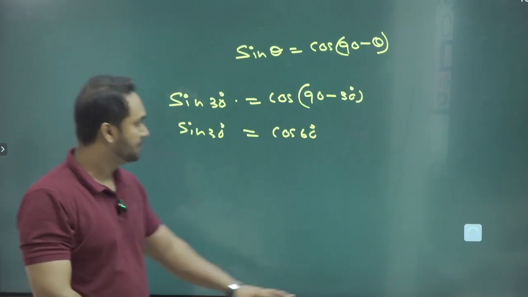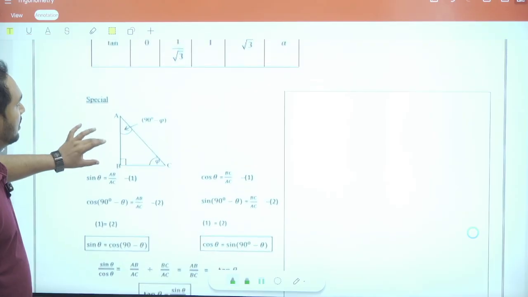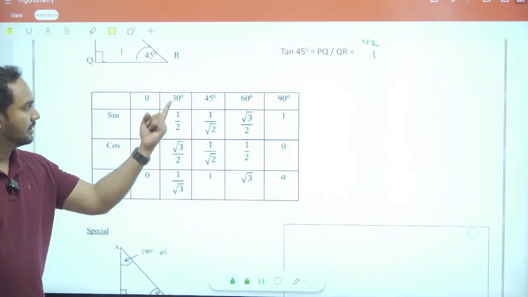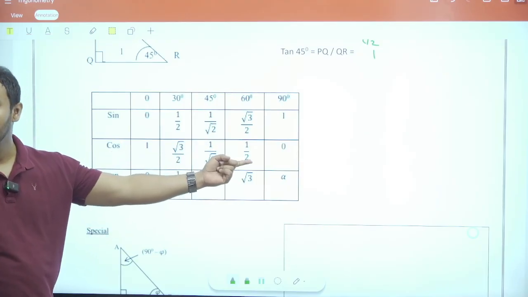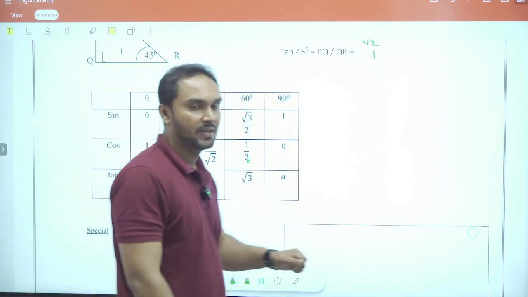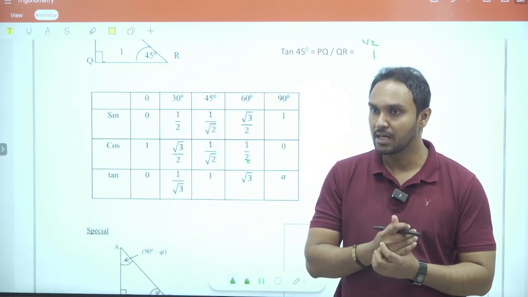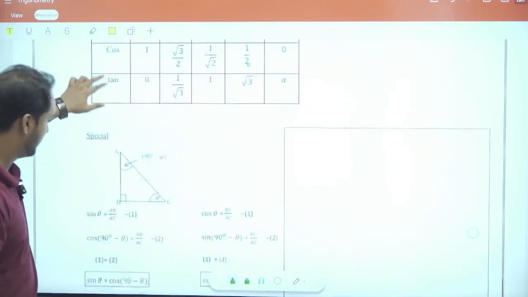Is it true? Sine 30 is half, cos 60 is also half. So that's true, right? So if you want to find the sine values equivalent to the cos values, what do you do? You deduct it by 90 degrees, right? So that is there in the tute.